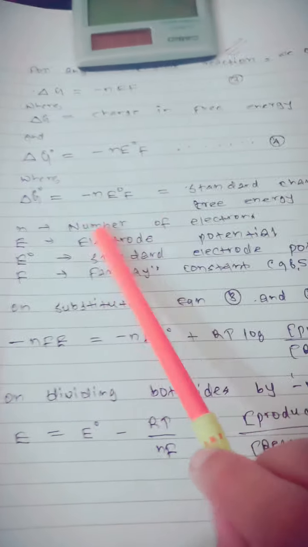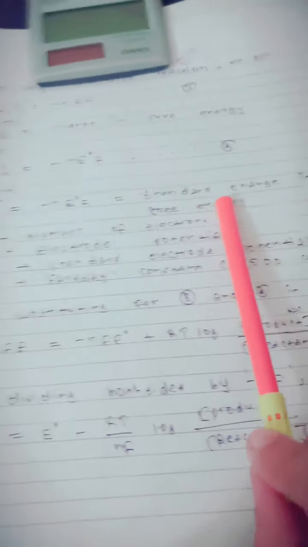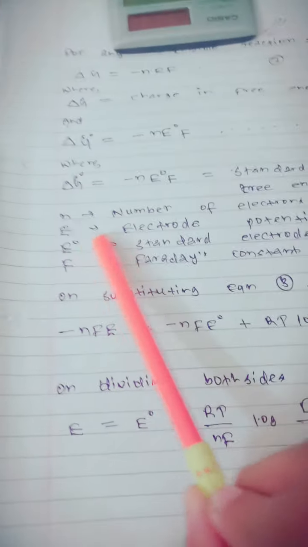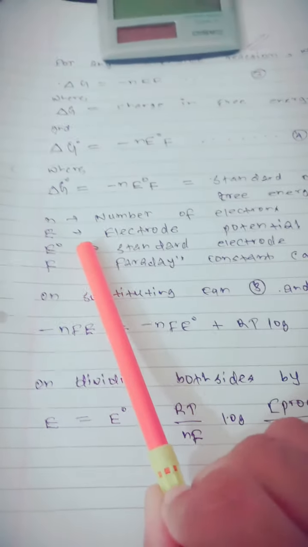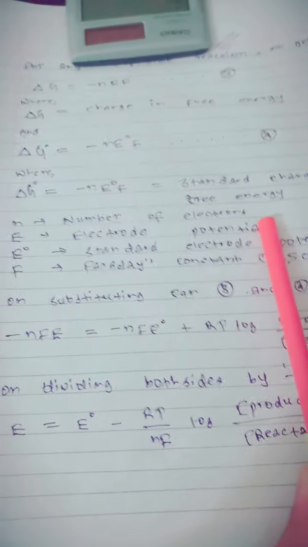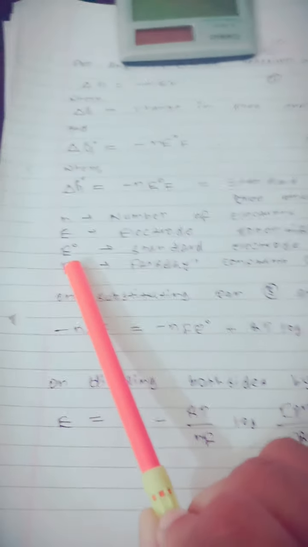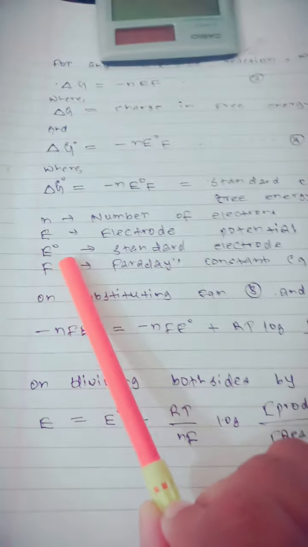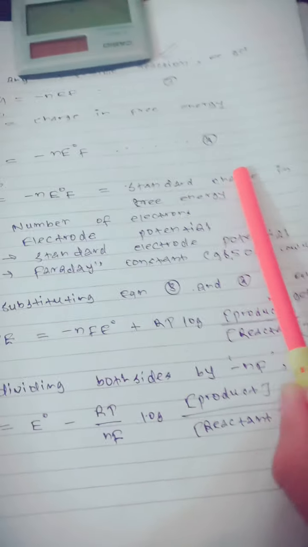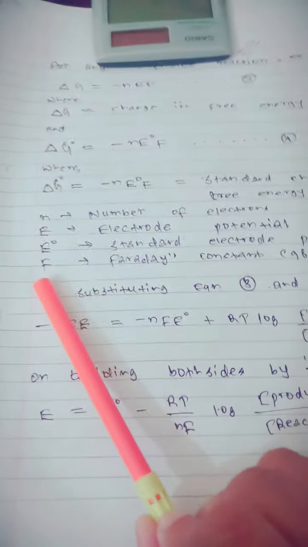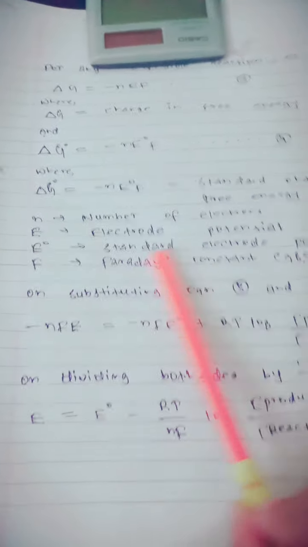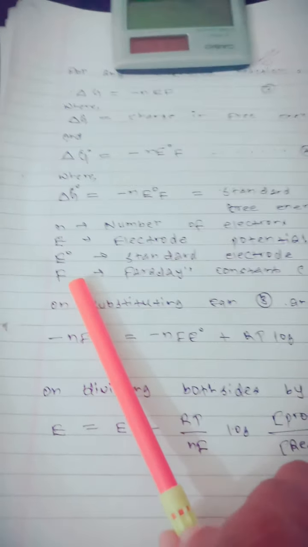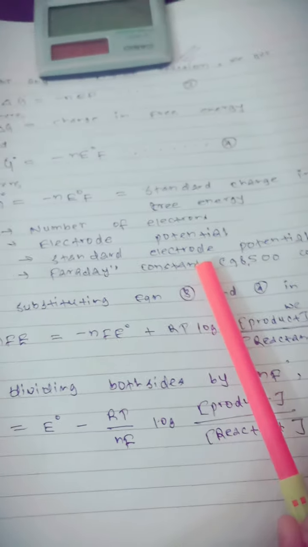Delta G naught is the standard change in free energy. Small n is the number of electrons. Capital E is my electrode potential. In equation 4, E naught is my standard electrode potential.